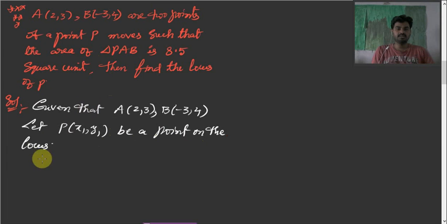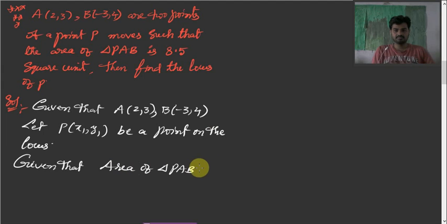So here, given that the area of triangle PAB is equal to 8.5 square units.